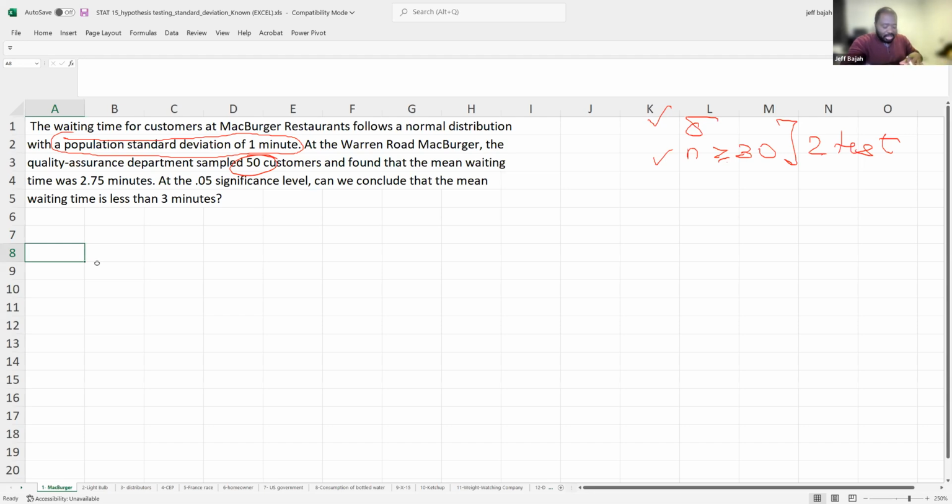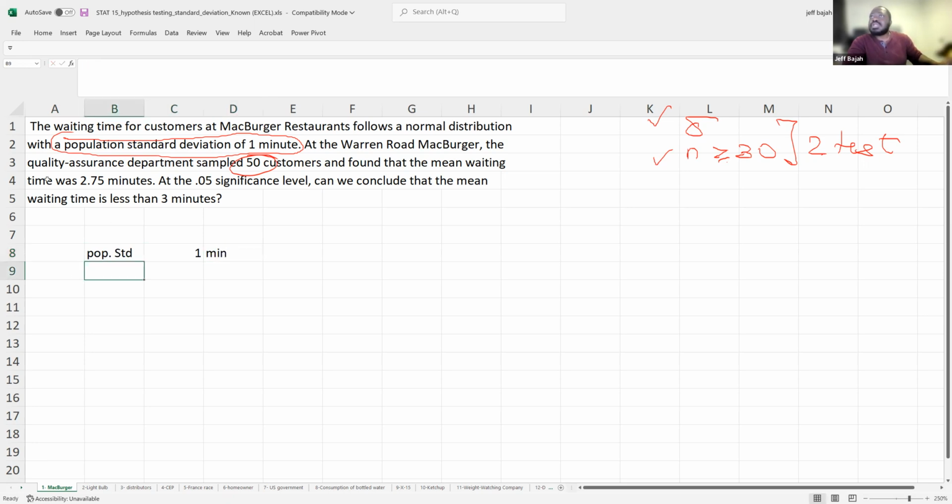Okay, so now that we know that, we can continue from there. Our next step will now be to go ahead and state the obvious. So we're going to say, all right, the population standard deviation is 1 minute.